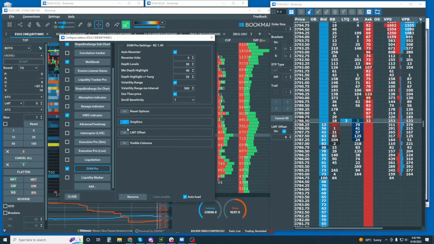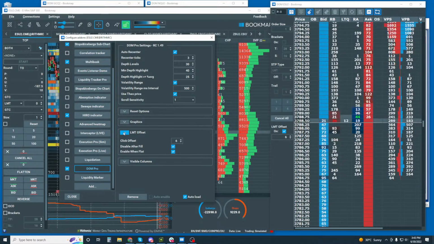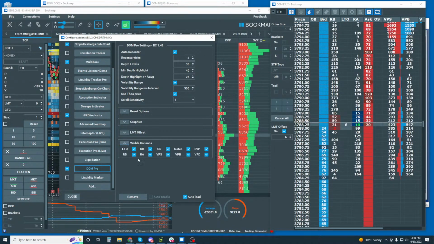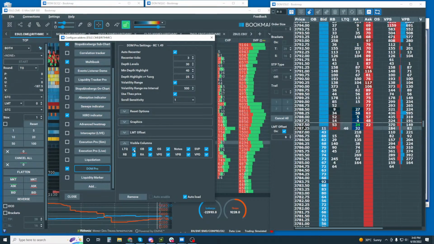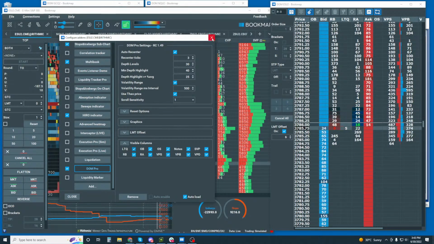Okay, so let's see here. We went through limit offsets here, and let's go through visualization. This is straightforward, guys. If you don't want to view the column in here, deselect it. So you can customize these like I was showing you earlier.